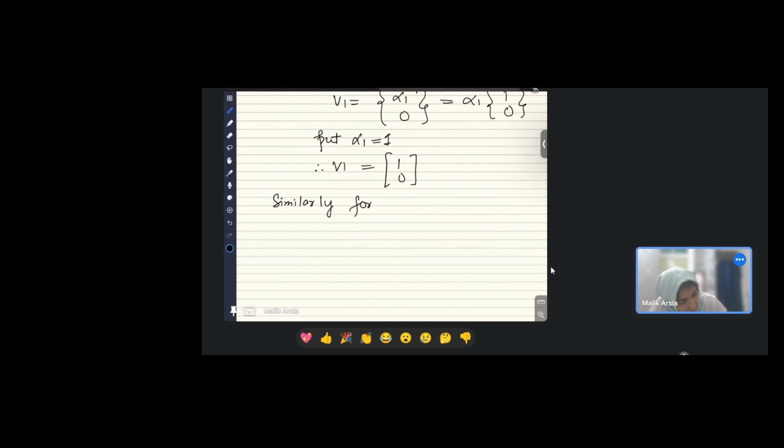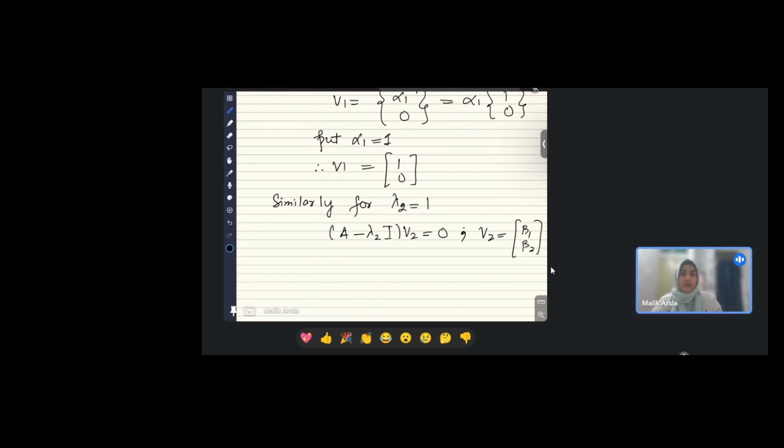Similarly for lambda 2 equal to 1, we will again form a vector: (A minus lambda 2 I) times V2 is equal to 0, and V2 can be written as [beta 1, beta 2].